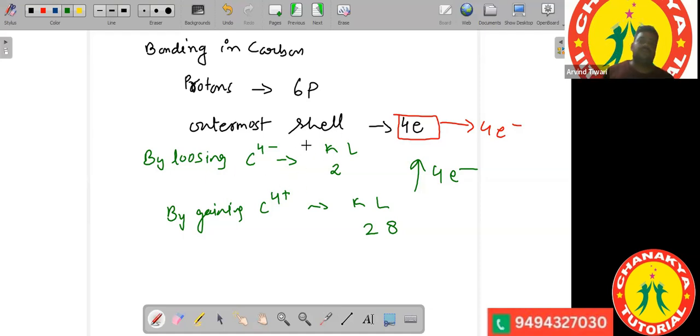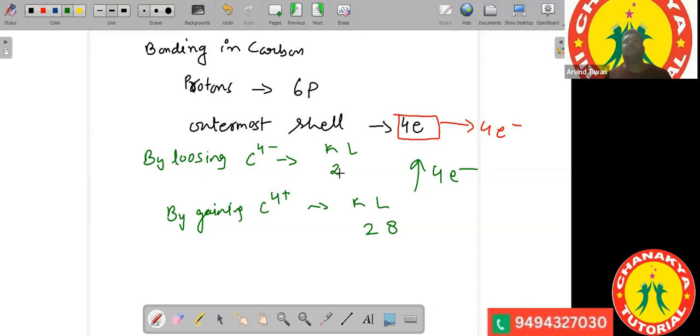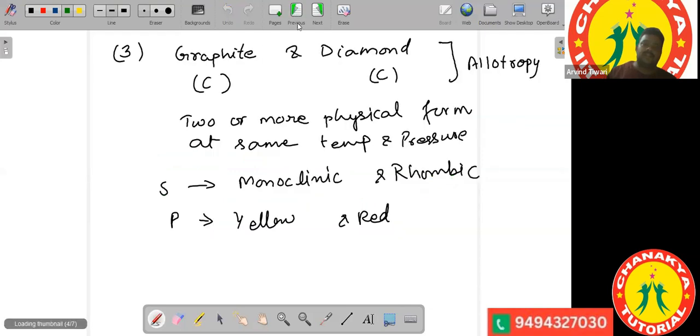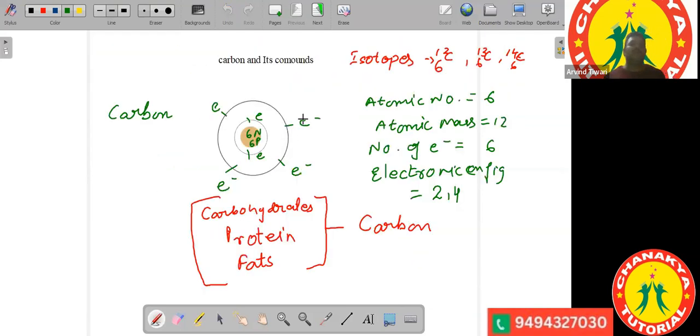If carbon loses 4 electrons, what will happen? Consider each electron being removed. Removing the first electron requires some amount of energy.